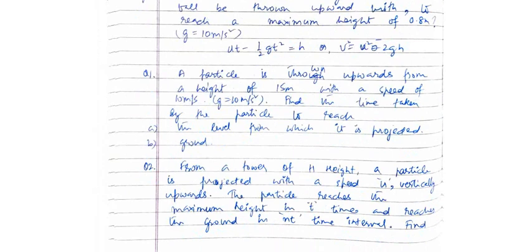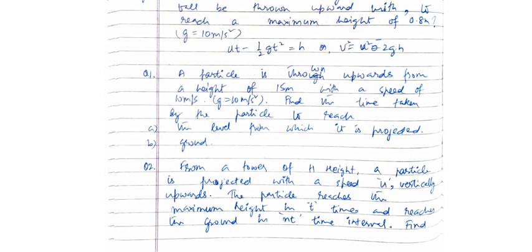The particle reaches the maximum height in t time and the ground in n into t time. So I would just visualize the situation for you. What is given to us is that there is a tower, and the tower has a height h, and a particle is projected with initial velocity u.